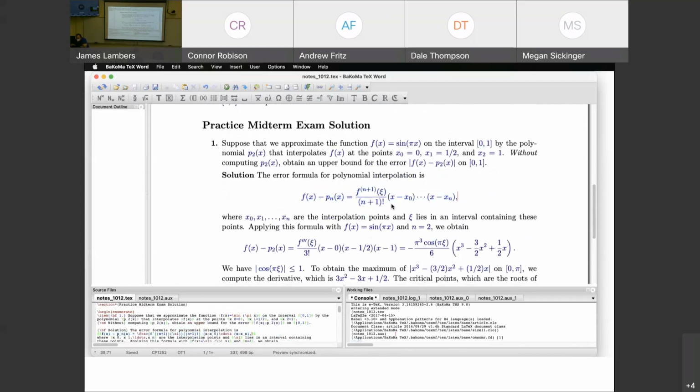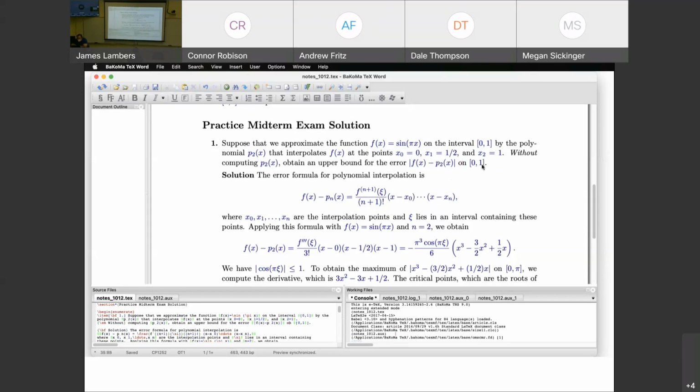Now, if it asks for the error on an interval, then x can be any point within the given interval. Oh, sorry, no. c falls within an interval containing the interpolation points. In this case, I chose the interval 0, 1, which includes the interpolation points.